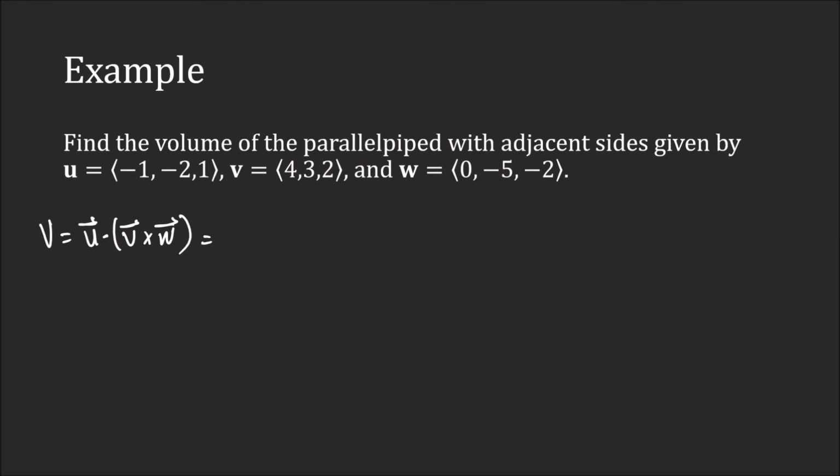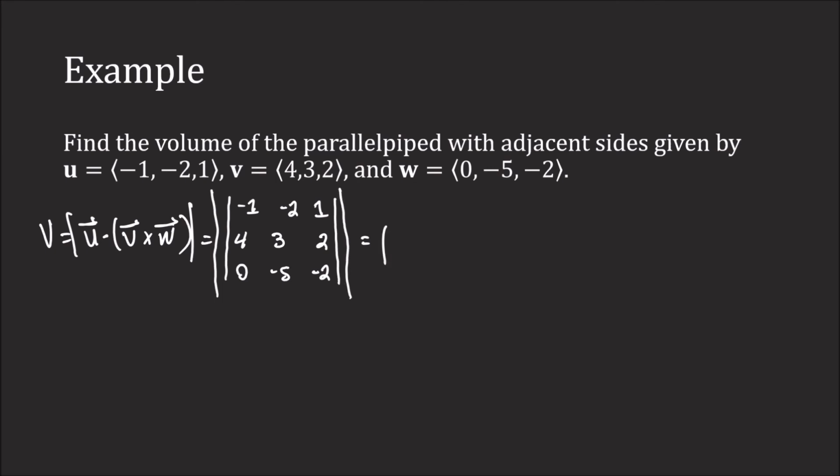And of course, we already saw how to evaluate the triple scalar. It's the determinant of the matrix whose first row is -1, -2, 1. Second row is 4, 3, 2. Third row is 0, -5, -2. And it's the absolute value of that.